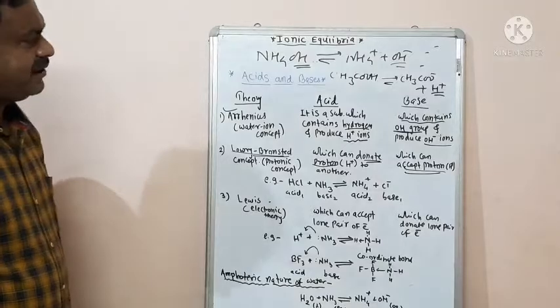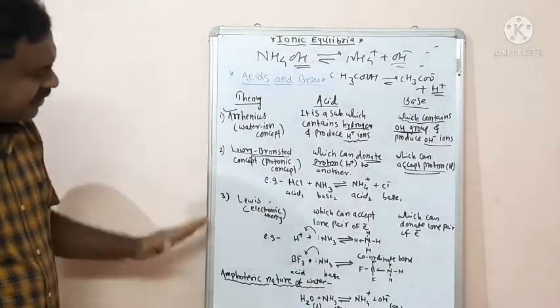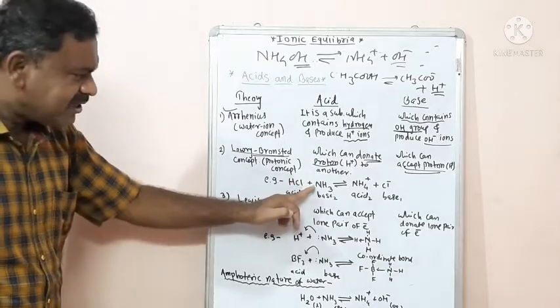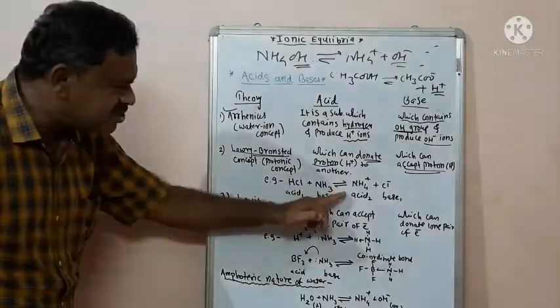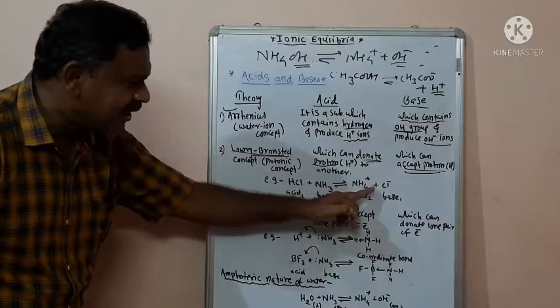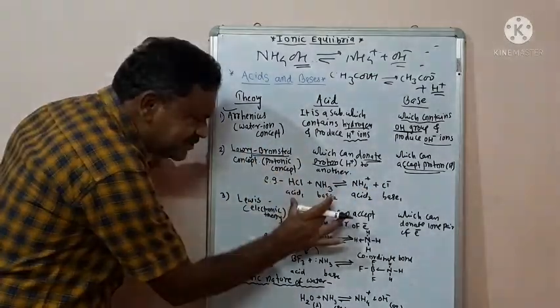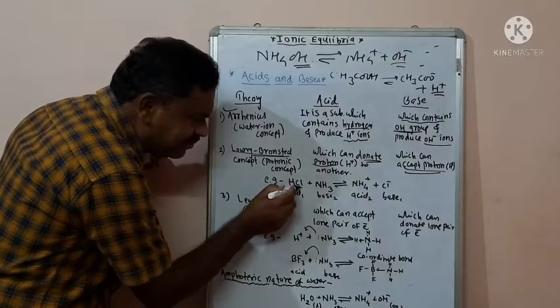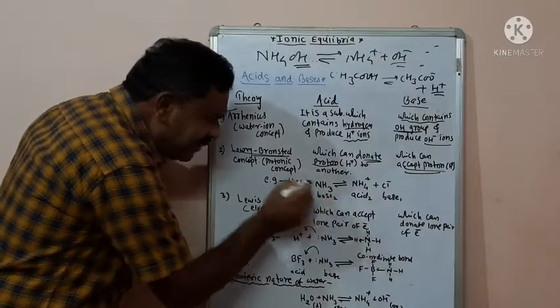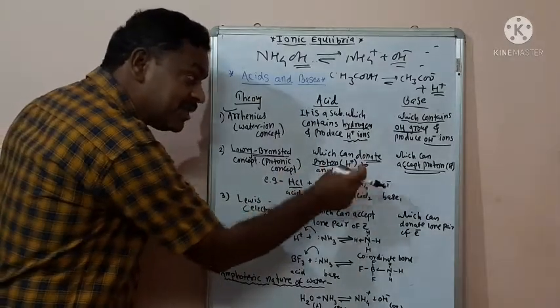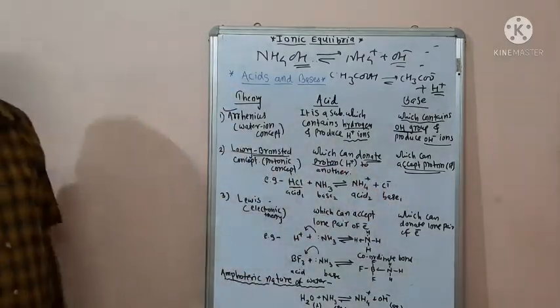Now, for example, suppose HCl plus NH3 gives ammonium NH4 plus and Cl minus ions. There are two substances. One is the acid, HCl, and the second is the base, ammonia, and they produce the ammonium ions and the Cl minus ions.